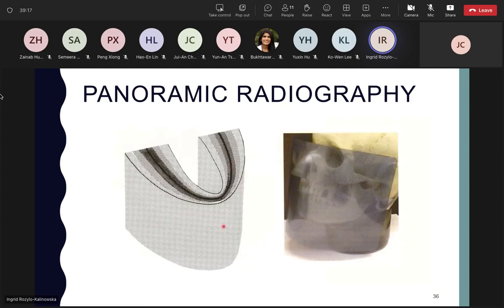And we can compare the panoramic radiograph like film stretched on the curved maxillofacial area of the patient.